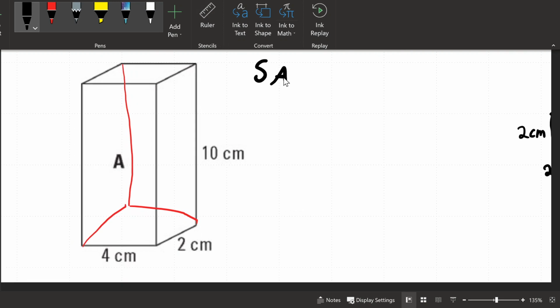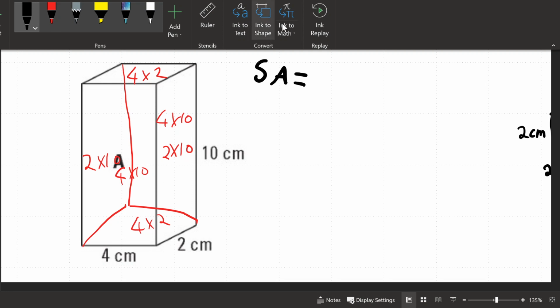The surface area here is going to equal 4 times 2 to make up this side. So 4 times 2 is this bottom end, as is the top, 4 times 2. 2 times 10 is this side here, and this side here, 2 times 10. And then the front and the back, we're going to jot that in as well. That's going to be 4 times 10 and 4 times 10.